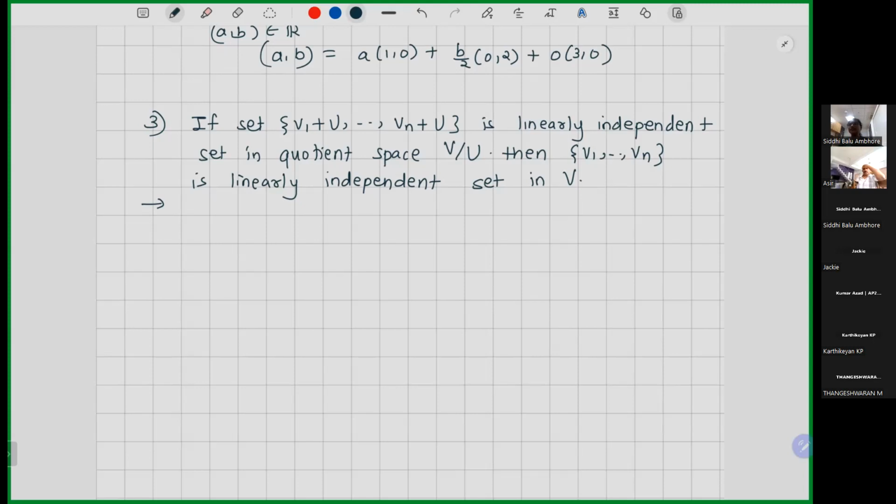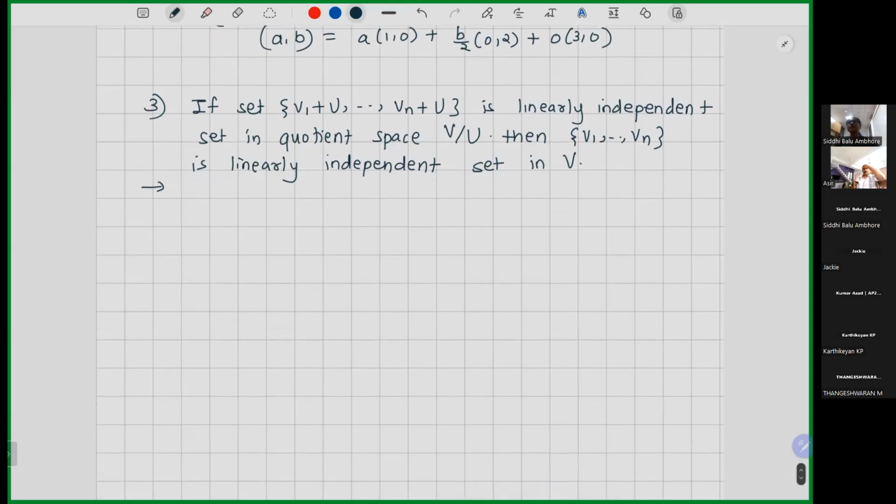What is the guess? Since we are asked about linear independence, let us assume that a1 v1 plus up to an vn is 0. Since this is 0, then a1 v1 plus an vn plus u is equal to 0 plus u.